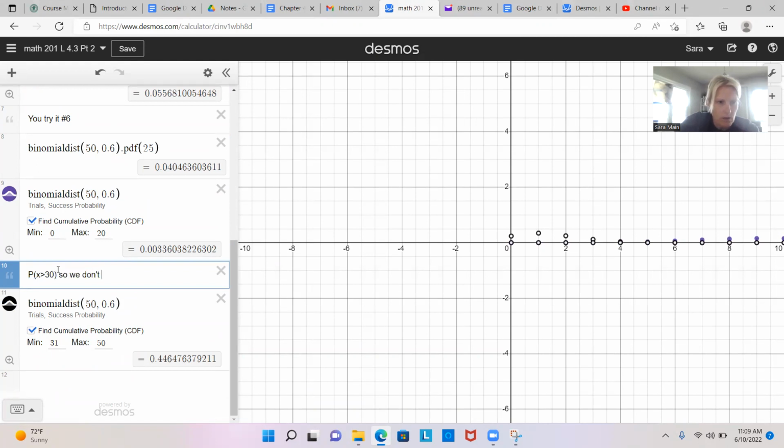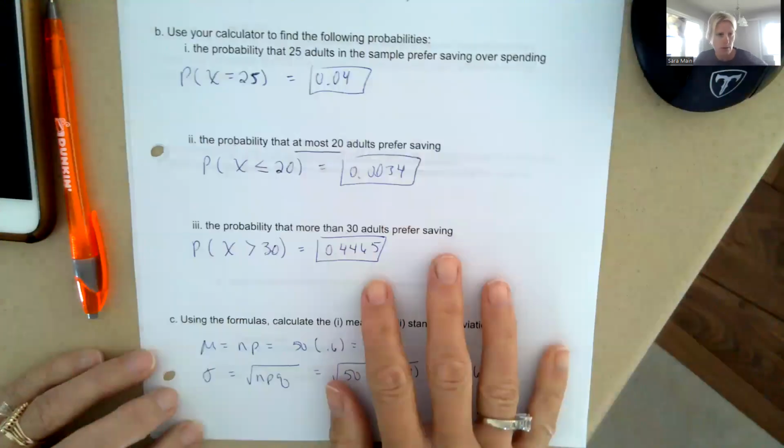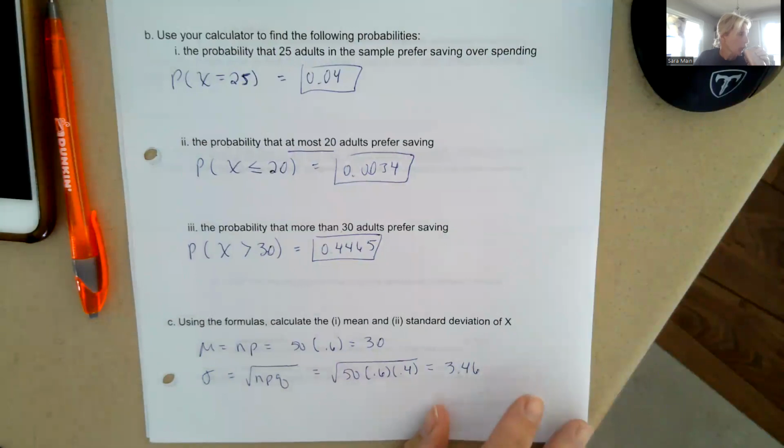We don't include 30. We start at 31. There we go. I'm going to show you my paper so you can see how I wrote these on my paper too. So there are the probabilities for that one.